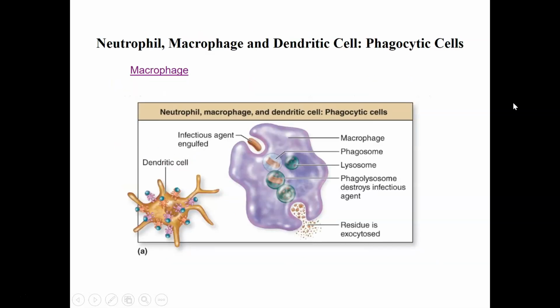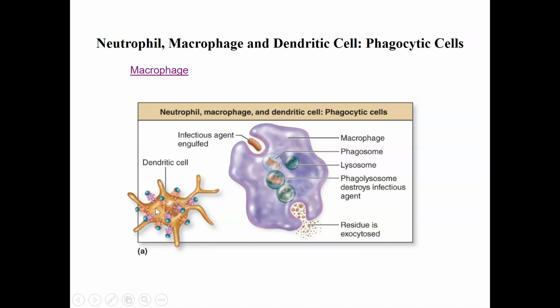All right, just a few slides here. This slide is illustrating a macrophage and a dendritic cell. Macrophages are macro for large cells, phage for phagocytic. So here's a pictorial just demonstrating a macrophage internalizing a bacterium and degrading it and then releasing the degraded contents.